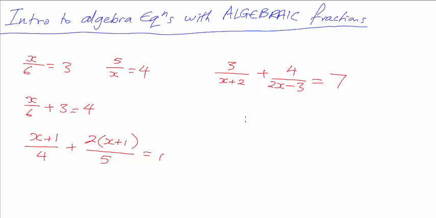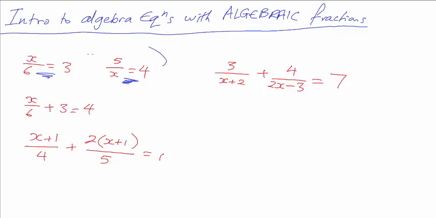The first thing I have to tell you is, don't forget, all of these equations still follow the scales method. The scales method, which I taught you in the earlier video, works. Whenever you see an equals, the scales is in action.